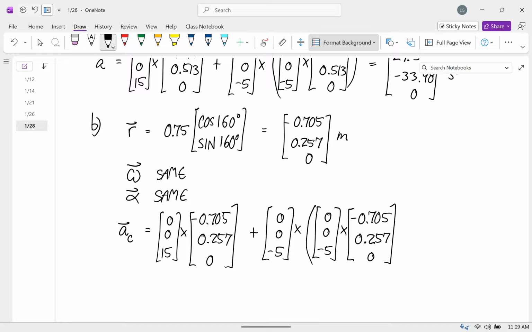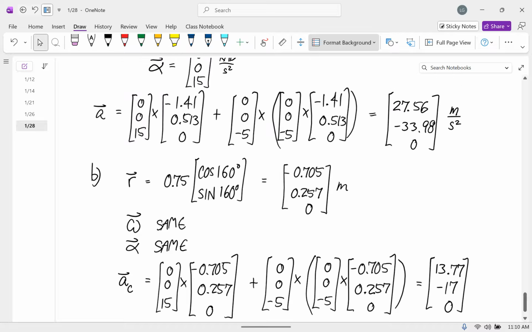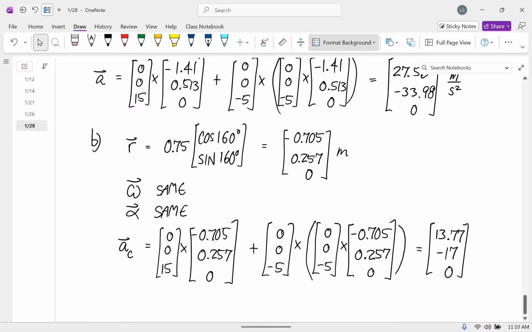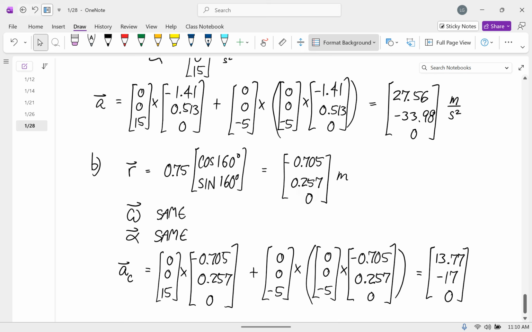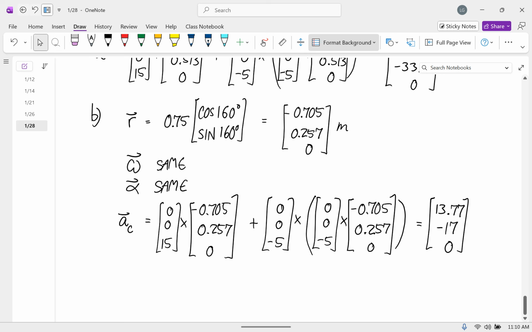I think this is just going to come out to be exactly half of the last vector we got, but I'll plug it in here. And I get positive 13.77, negative 17, 0. There's some round-off error, I rounded off some stuff, but that's just half of the first one.